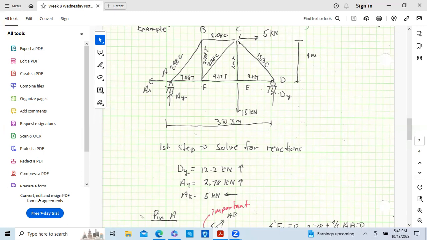My check took me a minute to do. You have a check. The last member that you do out here, work this joint here and solve, and it should come out to be 15.3 kilonewtons compression.